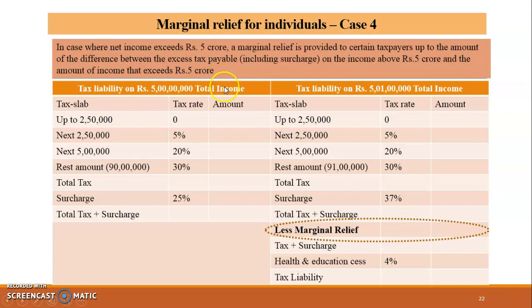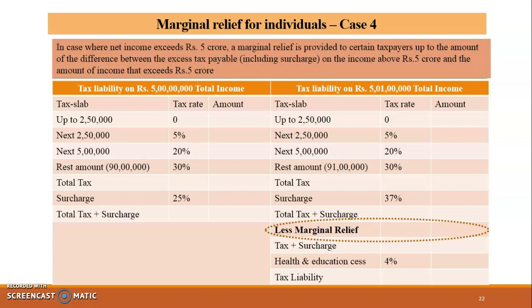There is no case 5 because for 5 to 10 crores the surcharge is 37%, and above 10 crores also the surcharge is 37%. So marginal relief applies only up till case 4: when the income is 50 lakhs to 1 crore, 1 crore to 2 crore, 2 to 5, and above 5 crores. So calculate this amount and tell me in the comment section.